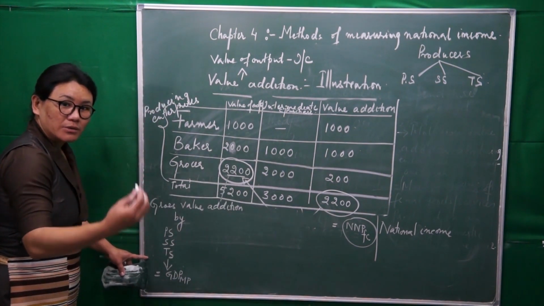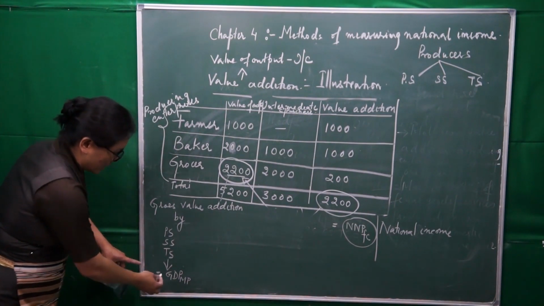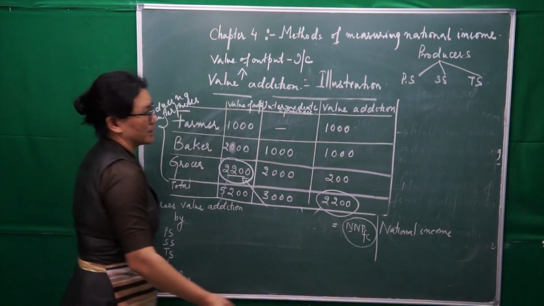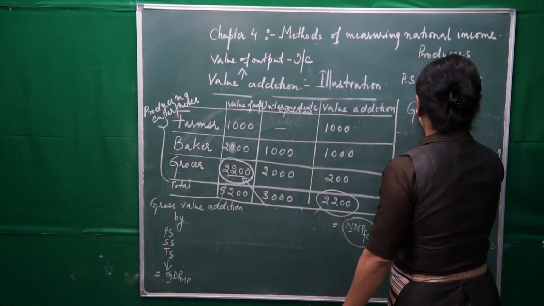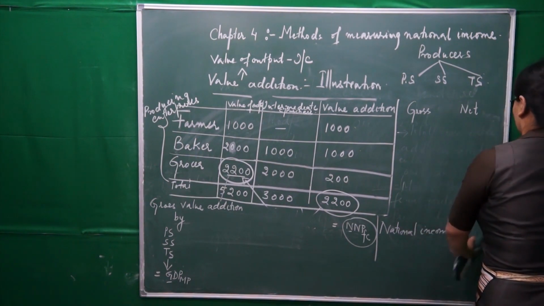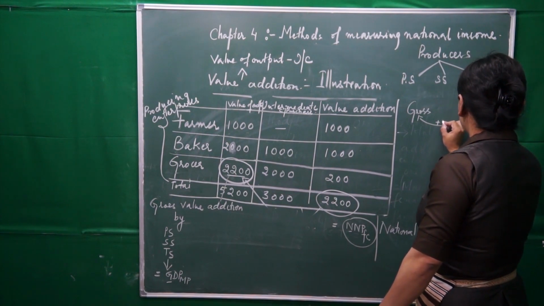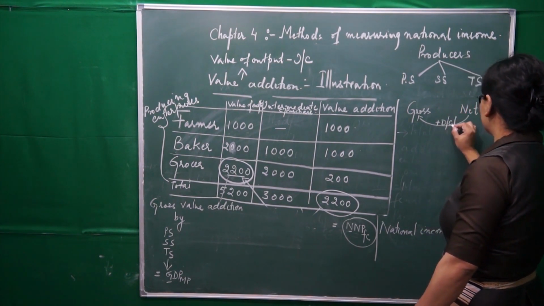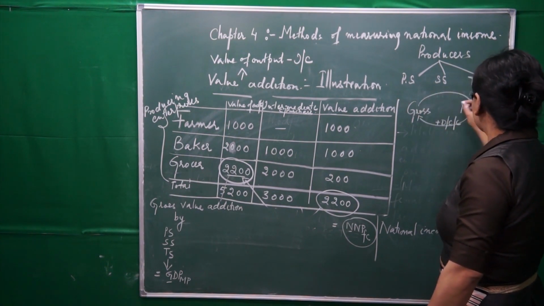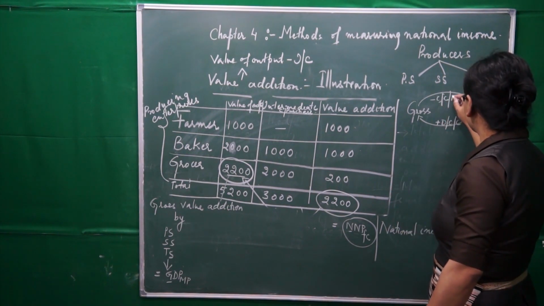Now, very simple. We have to follow the conversion method. Now, G and N convert. So, I said here gross and net conversion. This is again a revision. Net plus depreciation or CFC will become gross, and gross into net is minus CFC or depreciation.